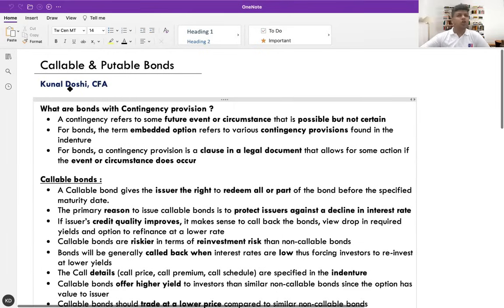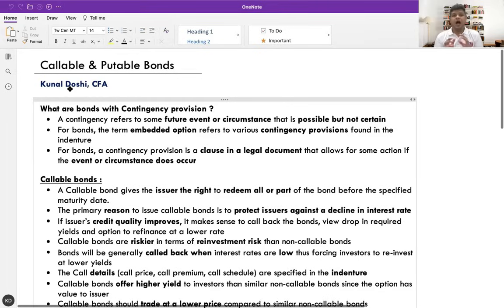By the way, have you heard about call and put before? Where is it generally used? Options, derivatives, right? We'll see that in derivatives at length. But call and put, they are options. Call means an option to buy and put means an option to sell.